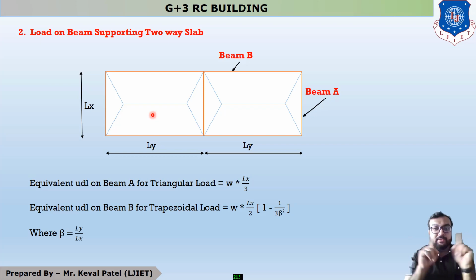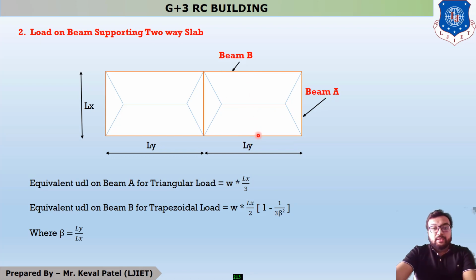So all the four beams supporting the two-way slab take some load. Say for example, this is the two-way slab in which this is Lx and this is Ly. These two beams are called beam A and these two beams are called beam B.